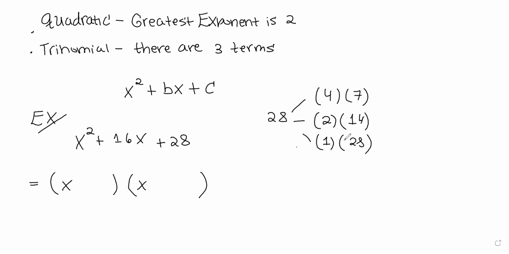So there's 3 different pairs of numbers that multiply to give me 28. Which set of numbers do I use? We use the pair of numbers that would add to the middle term, 16. So positive 2 plus 14 would give me 16.